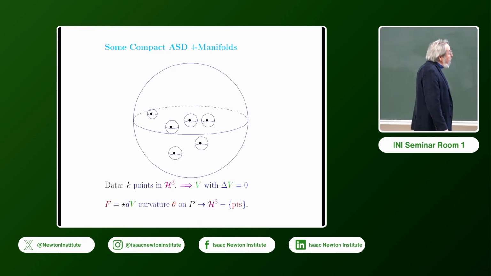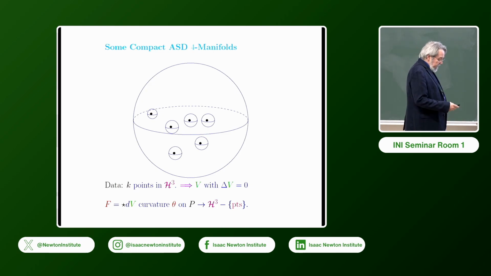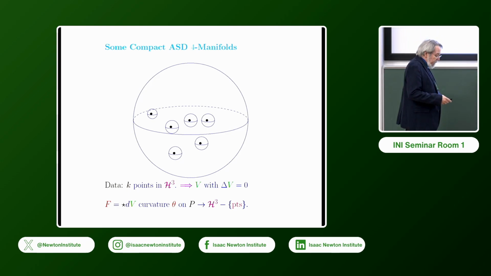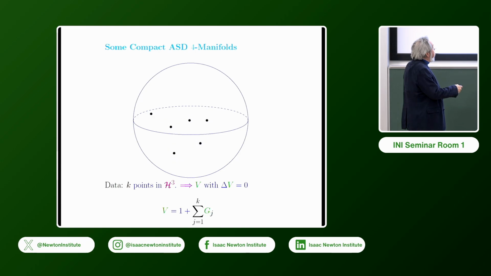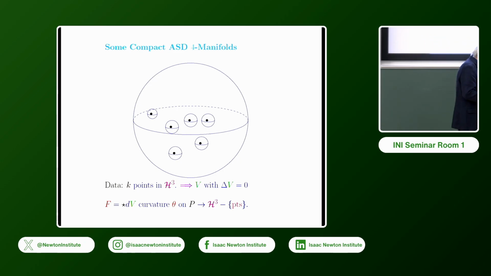All right, so you now go through this procedure. The point is that if you look at star dV for the potential I've just written down, around each of these punctures you have a two-sphere; the homology in dimension 2 of this punctured ball is generated by small spheres around these points.